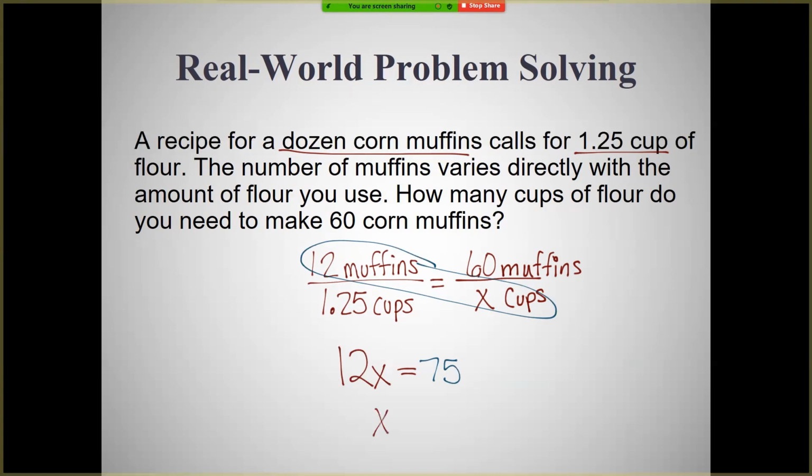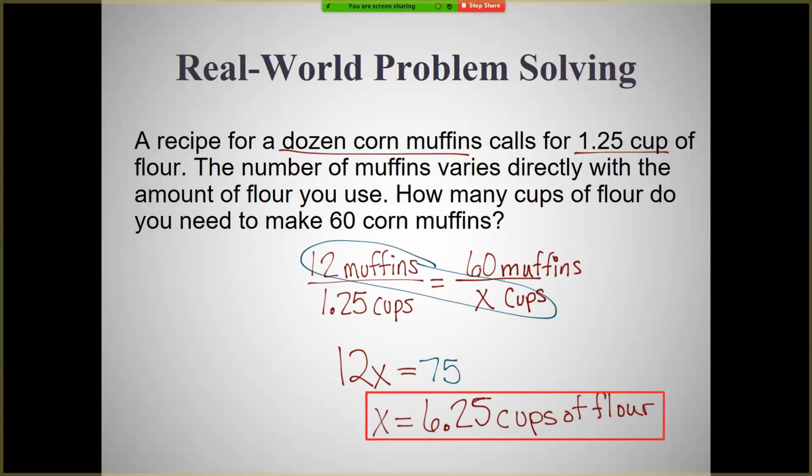If I divide both sides by 12, I get x equals 6.25. Remember, x represented cups of flour. So if I want to make 60 corn muffins, I need to make sure I have 6.25 cups of flour. So 6 1/4 cups is what it would take to make 60 corn muffins.